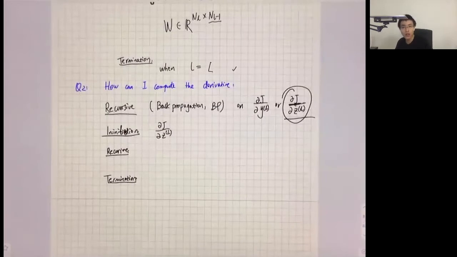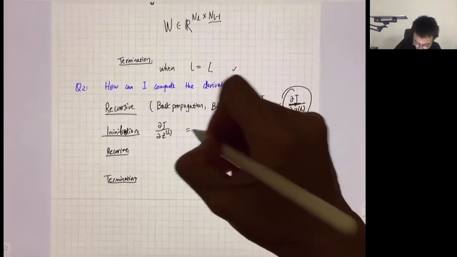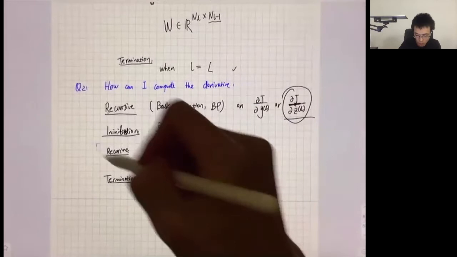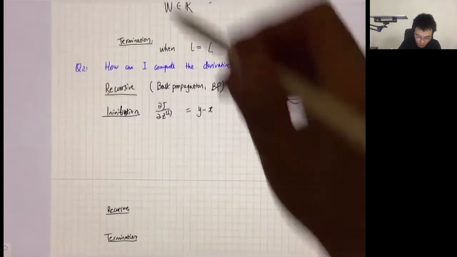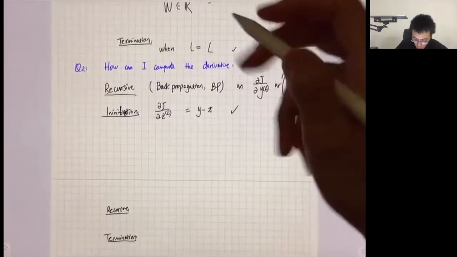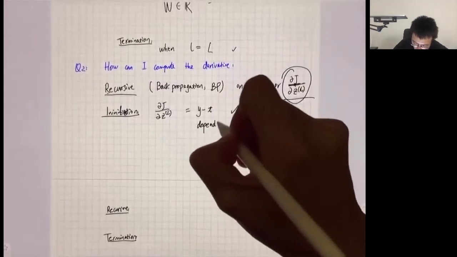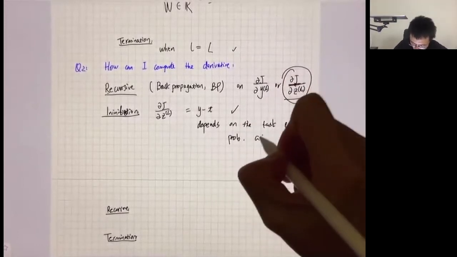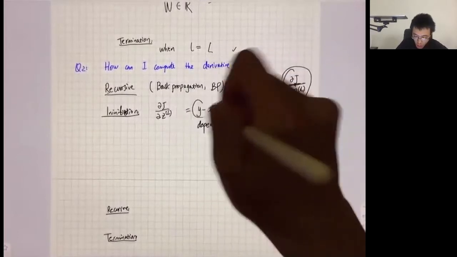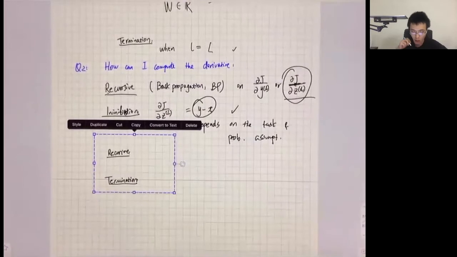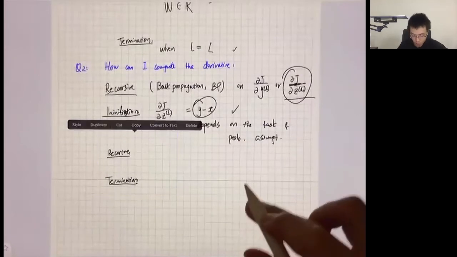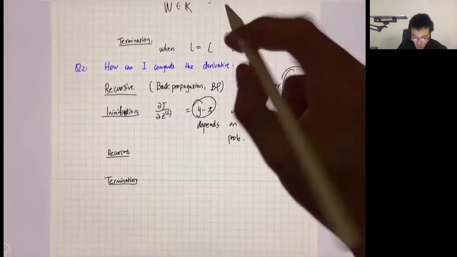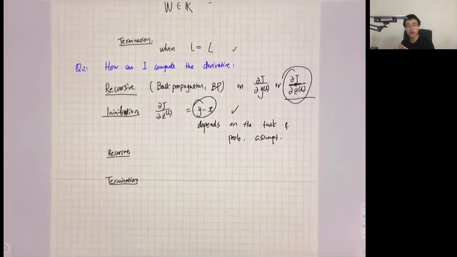Suppose you are doing the generalized linear model, then this is Y minus T. We have seen it many times. So this depends on the task and probabilistic assumptions, okay? And this is the formula for the generalized linear model, including softmax or logistic regression and linear regression. And of course, the F function for the last layer should be the canonical response function, otherwise you don't get this property.